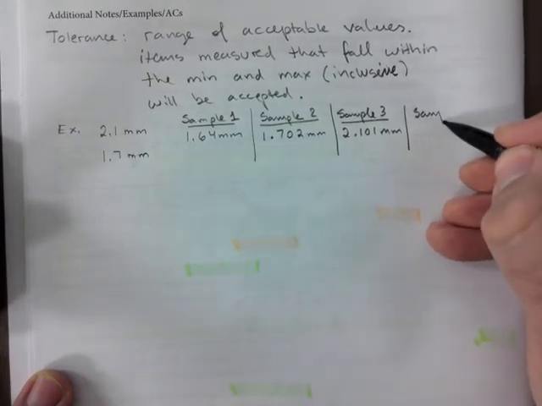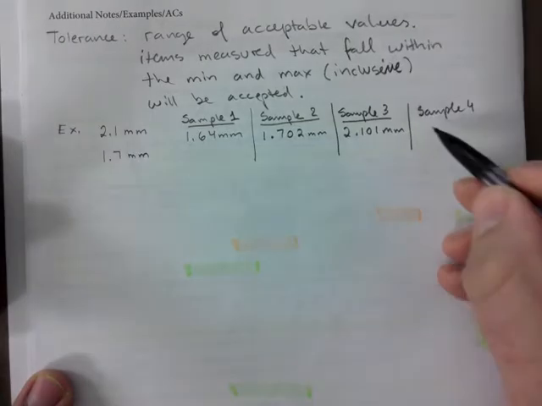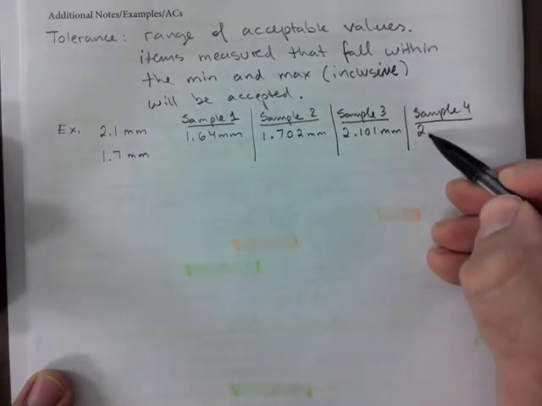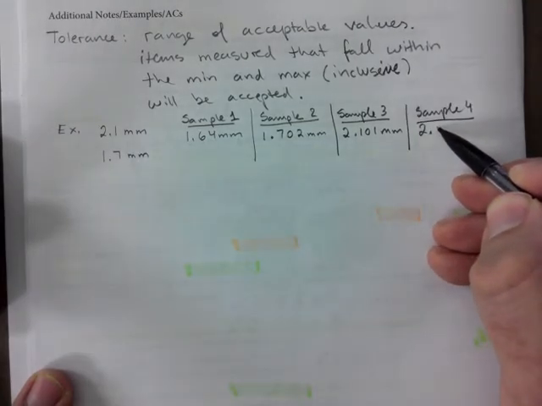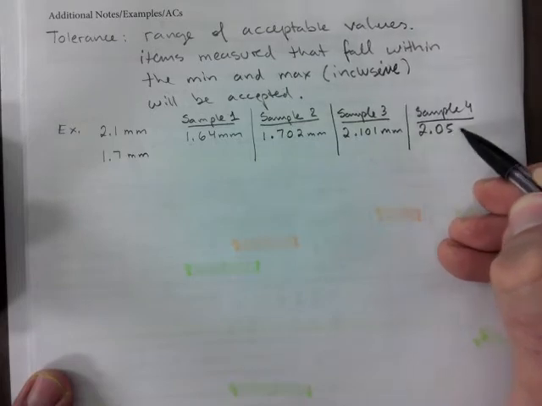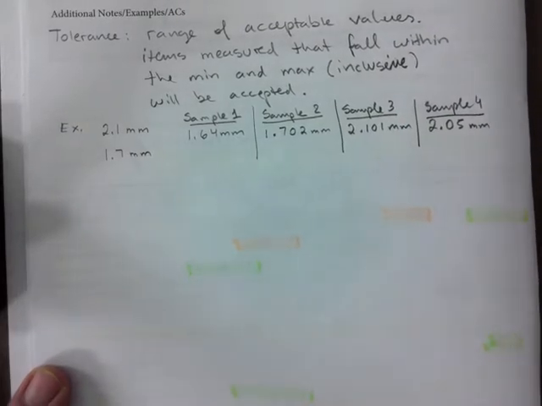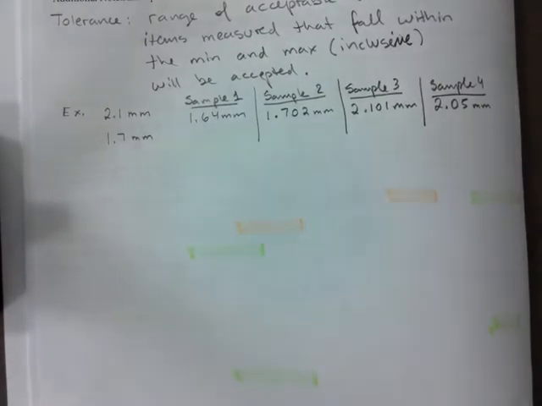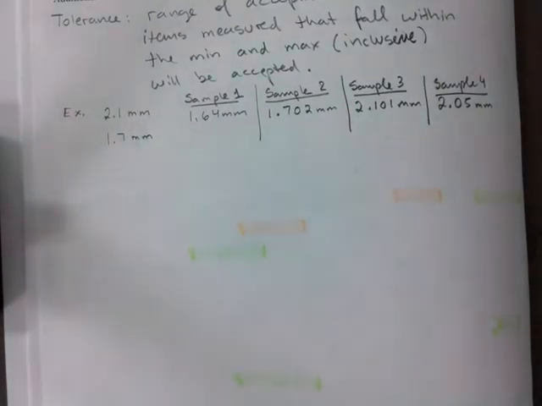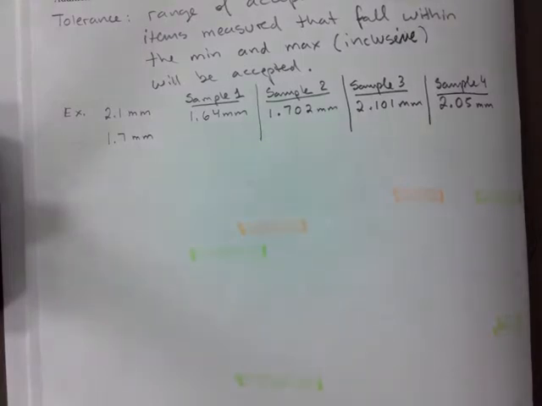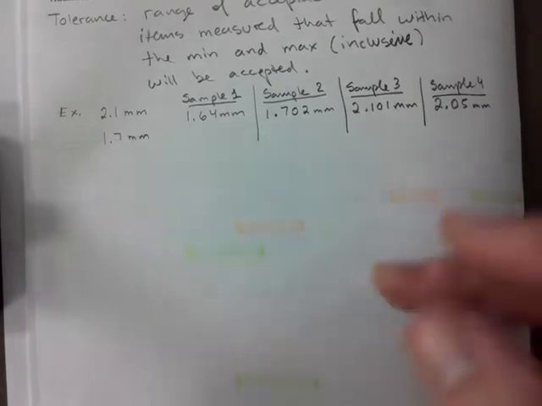And the last sample, 2.105 millimeters. So you're taking samples, you're measuring them, and you need to know, am I going to throw it out or throw it back in the bin to reprocess, or do I keep it?